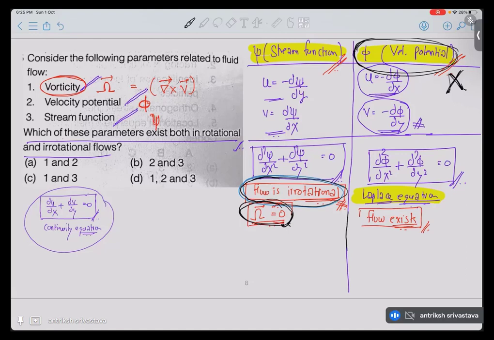It is kind of mugging up information, but we have to remember this. For rotational flow, phi doesn't exist.